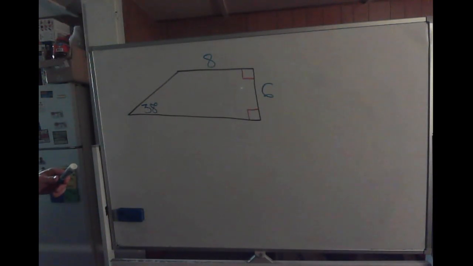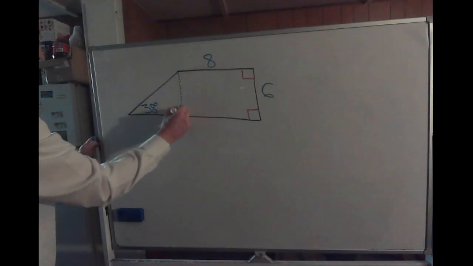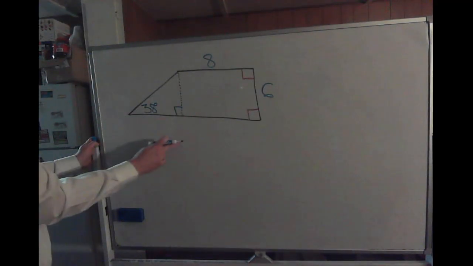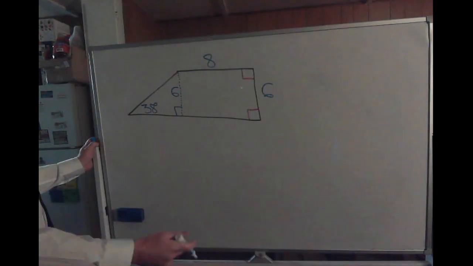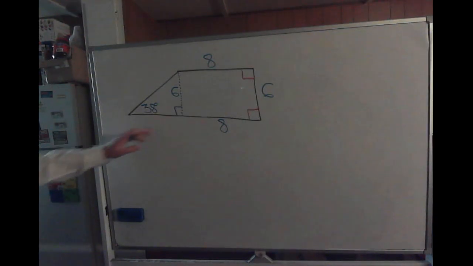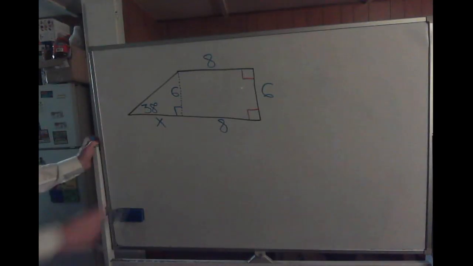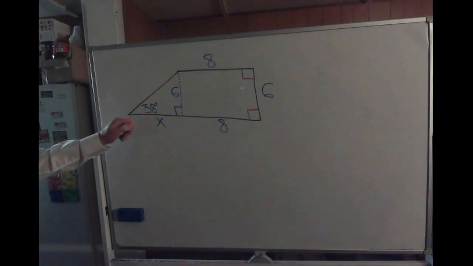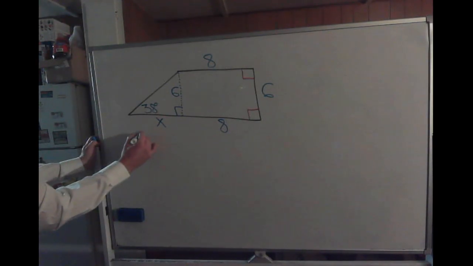So once again, you're going to split this into a rectangle and 2 right triangles. This time, we know the height is 6. That's easy, right? And if you have a rectangle here, opposite sides are congruent. This side is 8. What we don't know is this side. We'll call that x for a minute. So if you have an angle here where across from that angle you have the opposite side of 6 and the adjacent side of x, that's the tangent ratio.